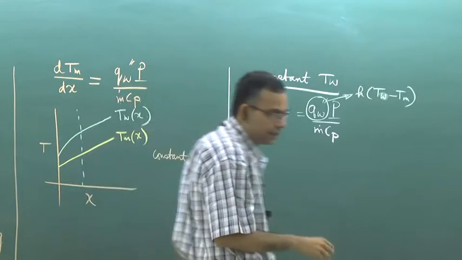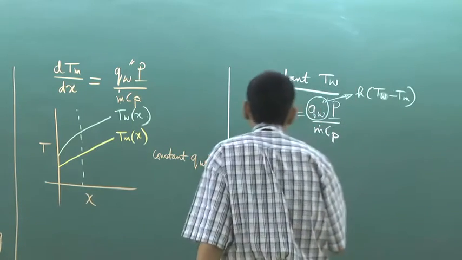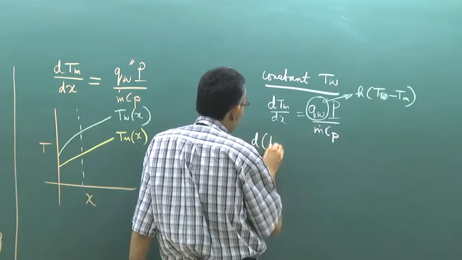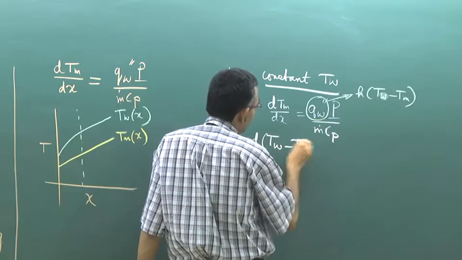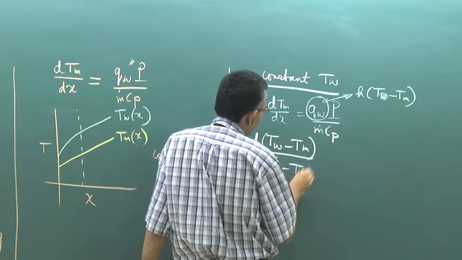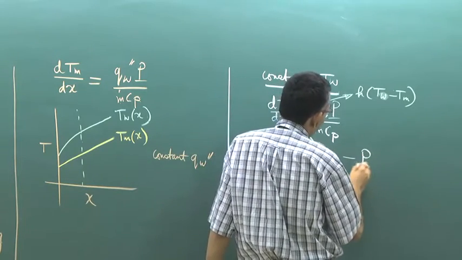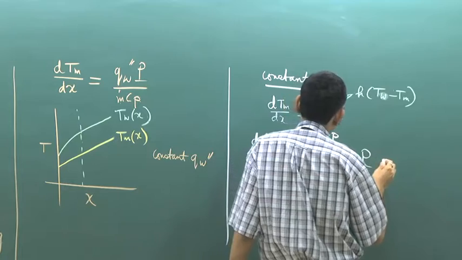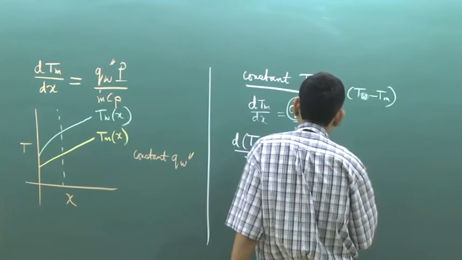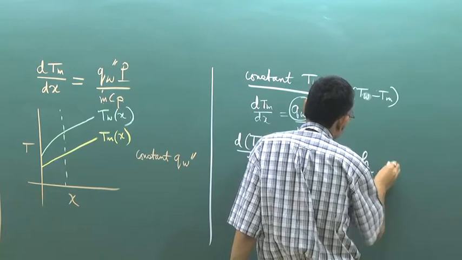So we can write d of T wall minus Tm divided by T wall minus Tm is equal to minus P into h by m dot Cp dx.